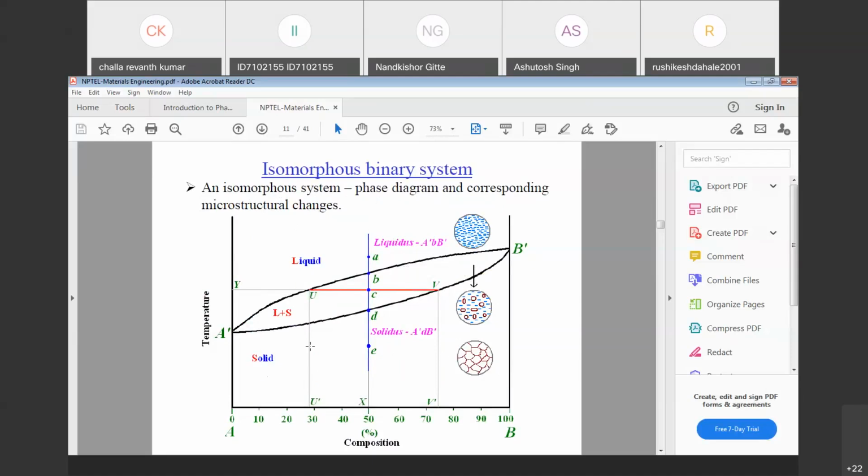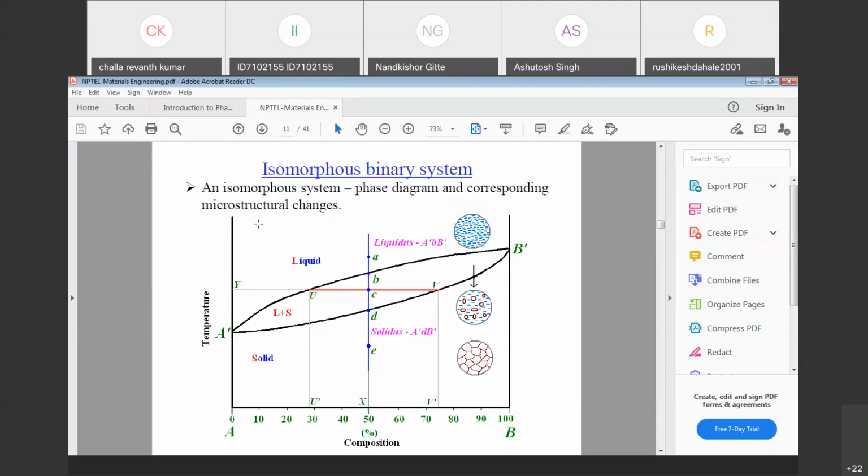Because all the solid metal can get liquefied. At the beginning we are increasing the temperature, and from solid state we go to liquid state, the liquidus form, right?